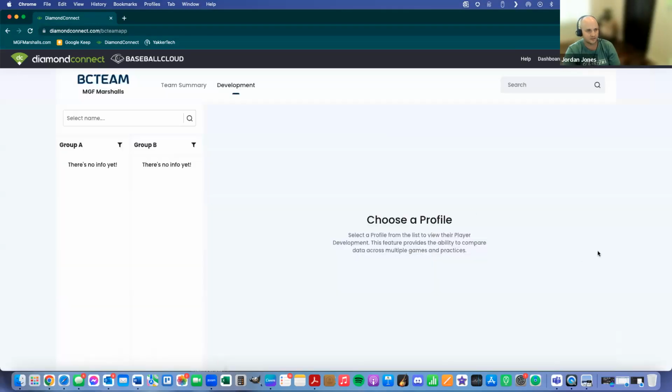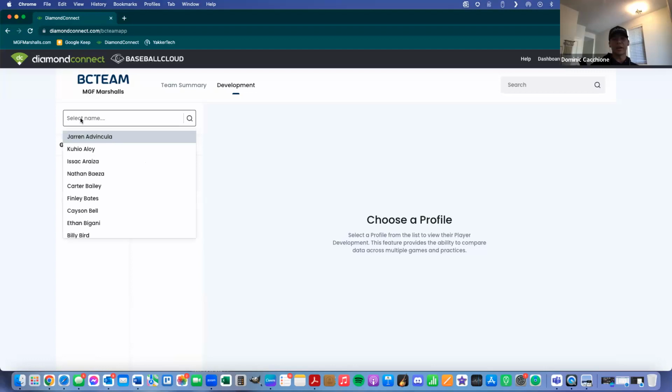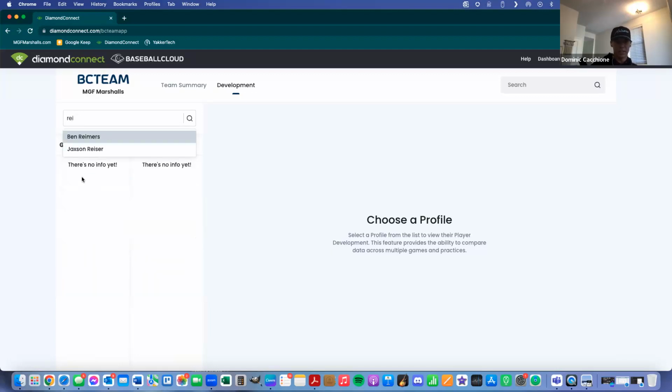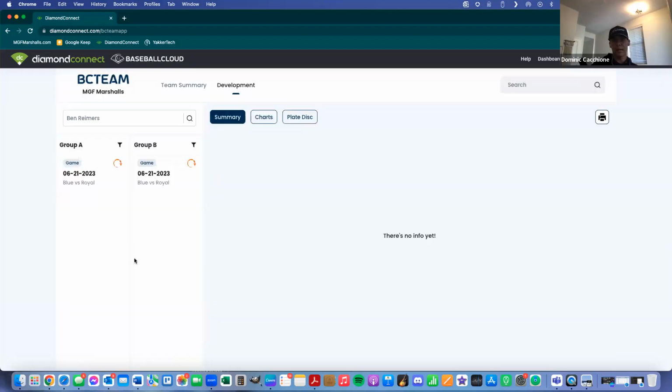What is this? This one doesn't make any sense to me. So you would have to select a player, and you can see between a bullpen or an actual game how the numbers differ from one another. This is more for the actual spin and stuff like that. But how do we actually do it?